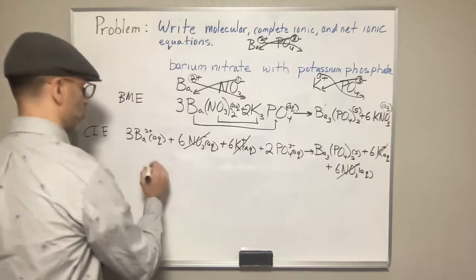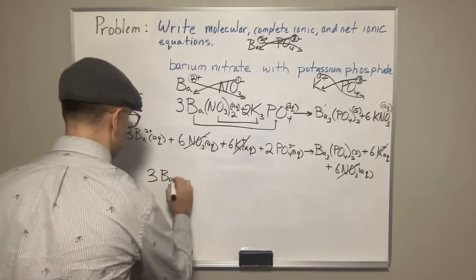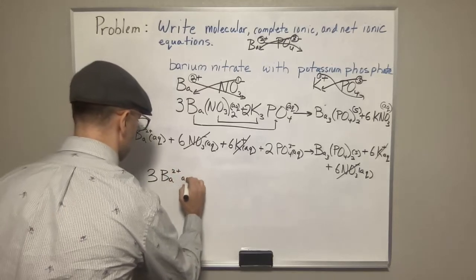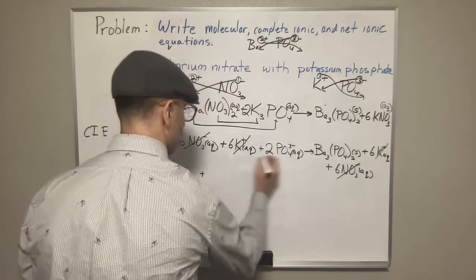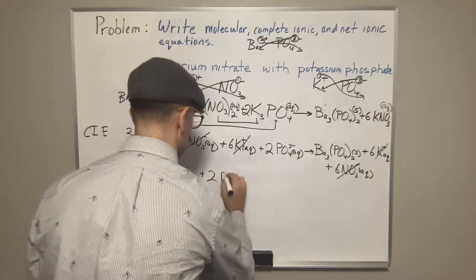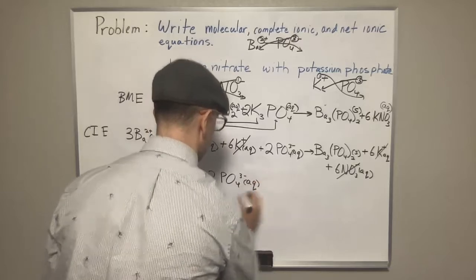So then all I do is I write what's left. 3Ba2+ aqueous plus 2PO4 3- aqueous.